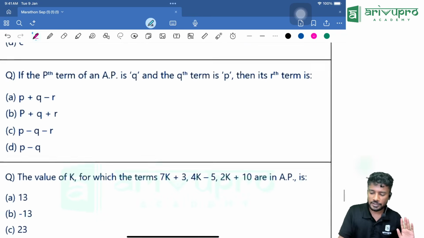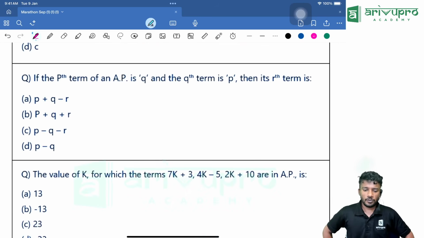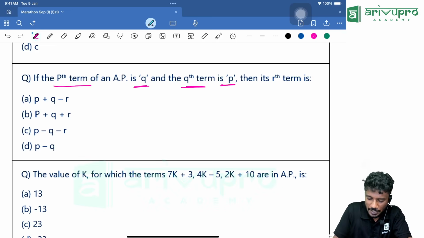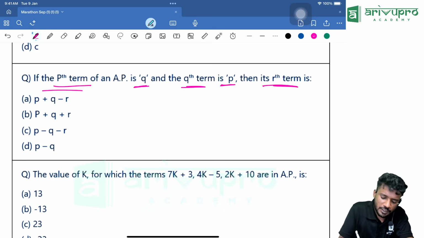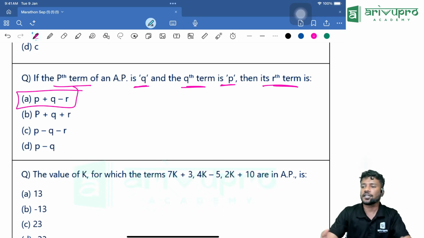Now look at this. This is a theorem from your 10th standard or 9th standard. If pth term of an AP is Q and qth term of AP is P, then the rth term is what? P plus Q minus R. Make a note of that. You have studied this, but you are not remembering.